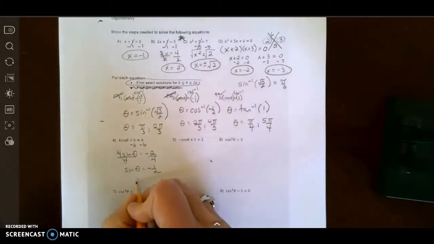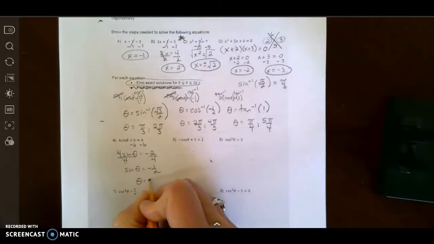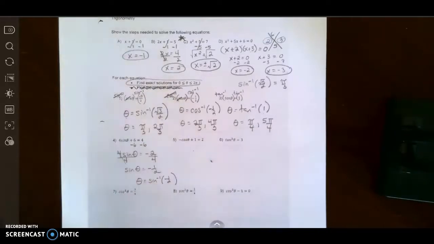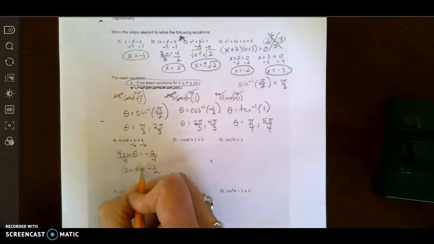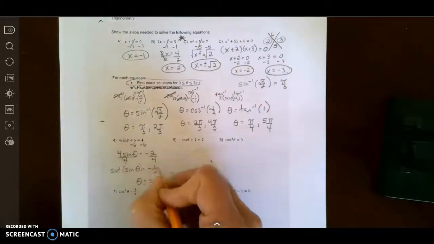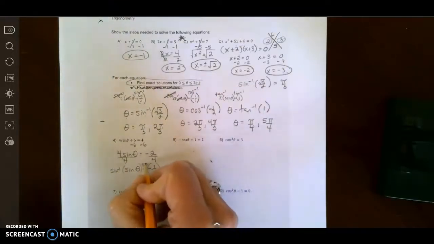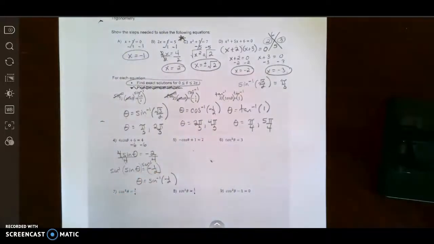So to solve for theta, I need to take the inverse. What I did here was I took the inverse of each side. These canceled, and I was left with theta equals the inverse sine of -1/2.